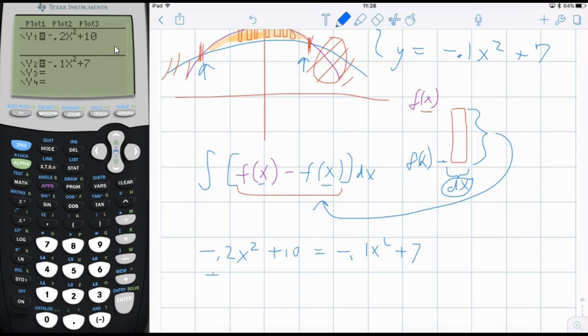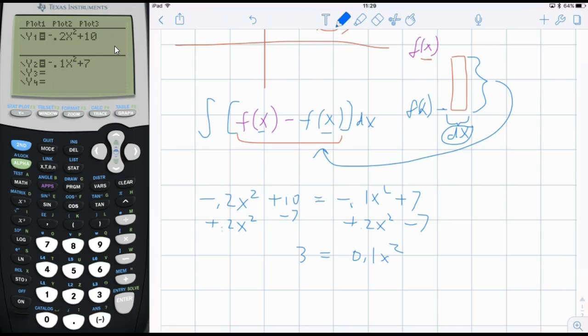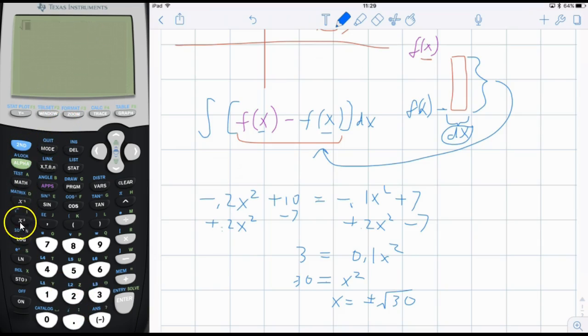We would end up with a positive number if we added 0.2x squared to both sides. We'd get 0.1x squared on this side, minus 7 from both sides. We'll get 3 on this side, and then we'll end up with 30 equals x squared. x is equal to plus or minus the square root of 30, which is something like 5.48.